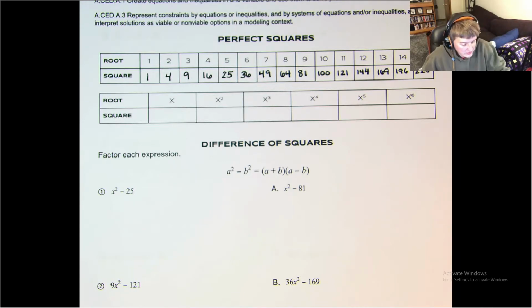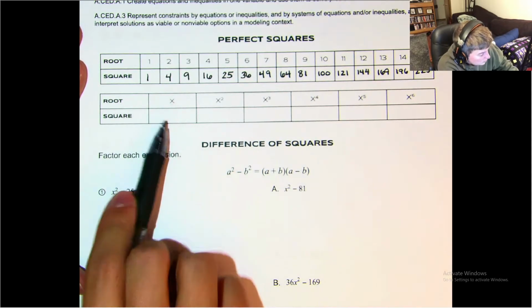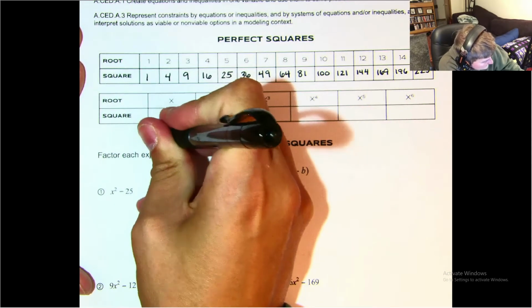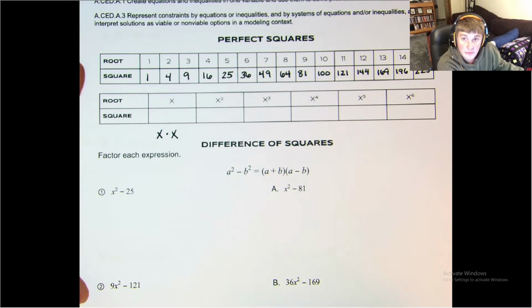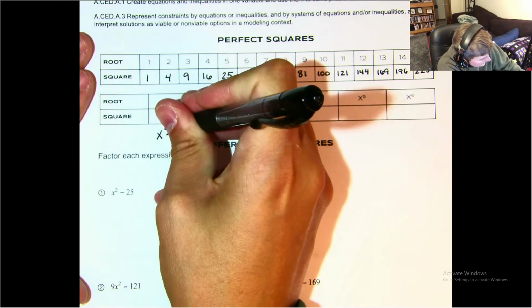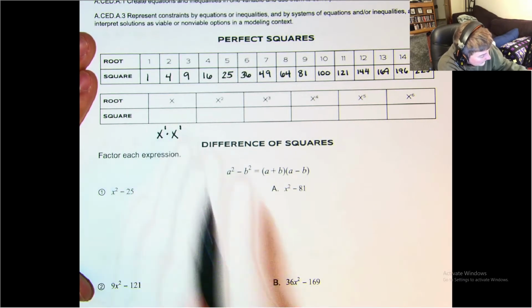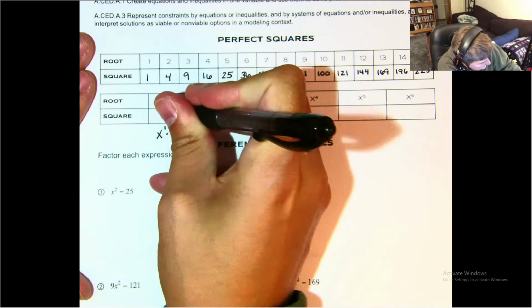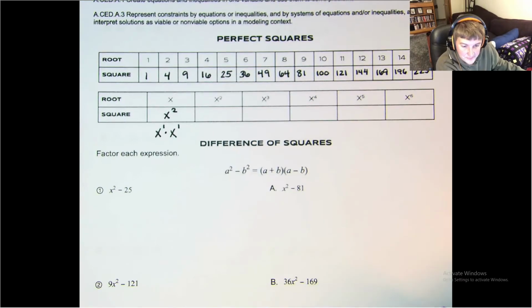This one can be a little bit more difficult. If my root is x, the square is whatever x times x is. If you recall your exponent properties from 8th grade math and algebra 1, these have little 1 exponents, and when I multiply common bases with an exponent, I add the exponents. So our first perfect square as a variable is just x to the second.